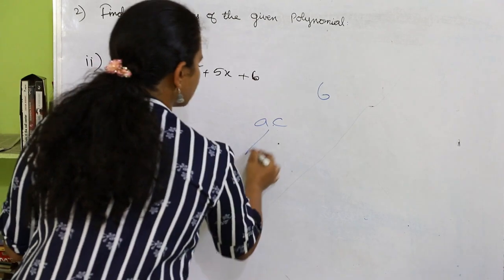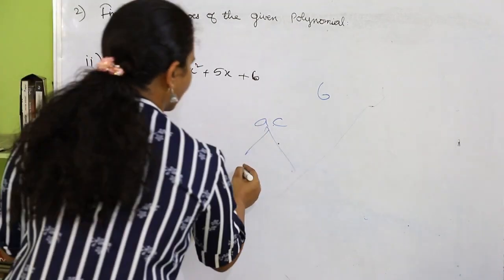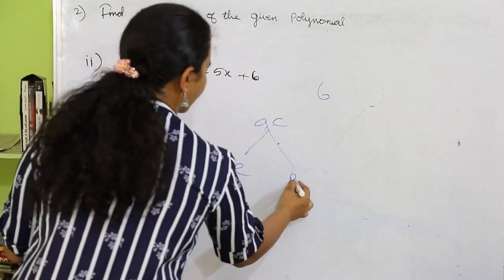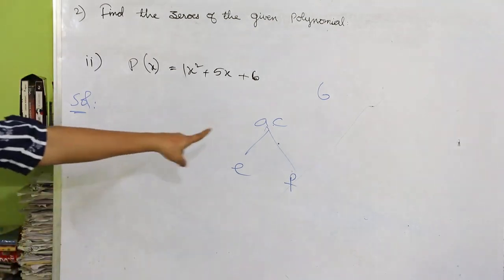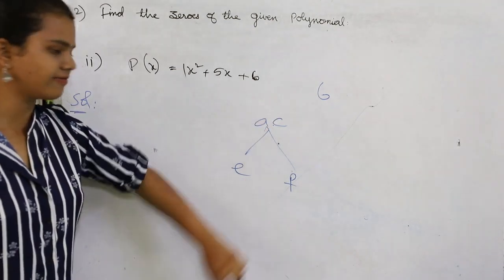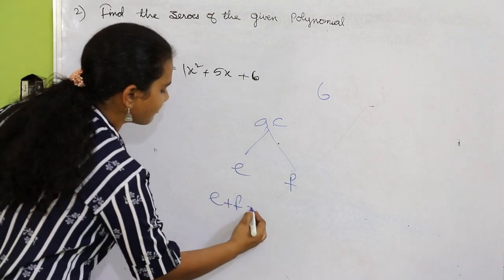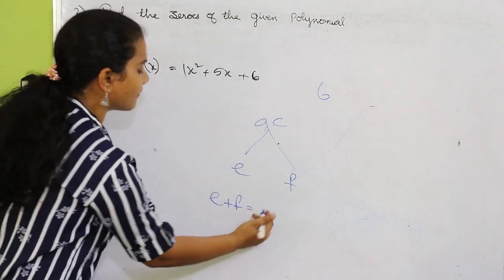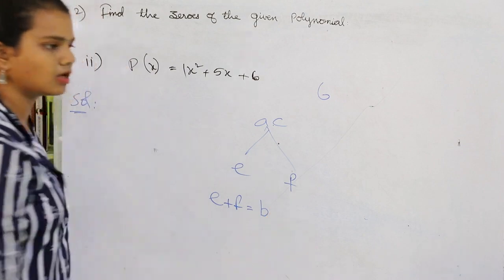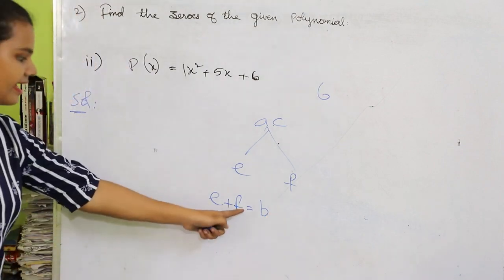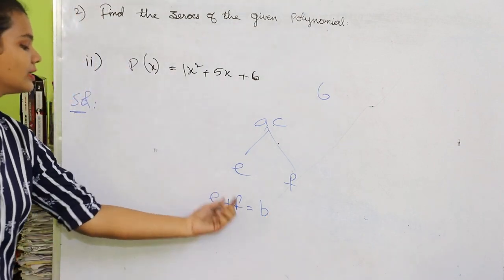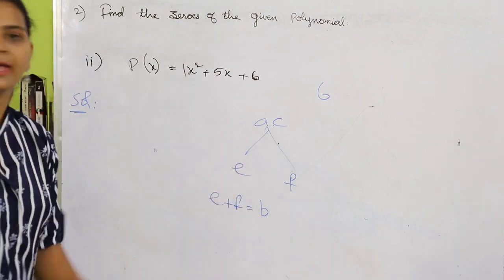Now find the factors of A into C. Let the factors of A into C be E and F. Now if I add E plus F, it should result in B.